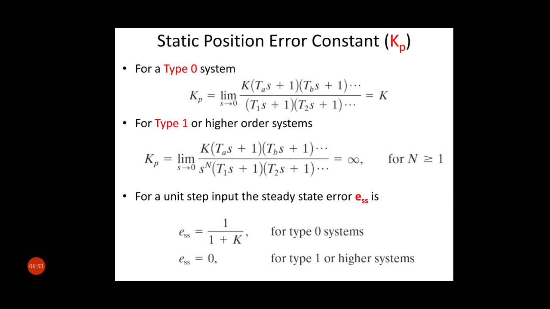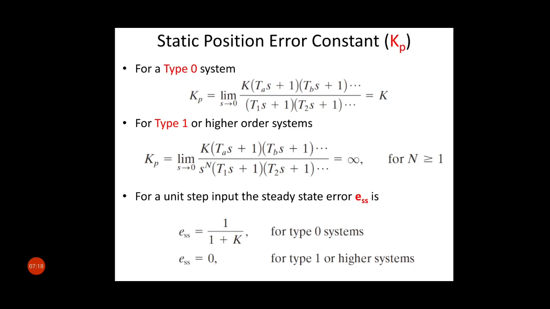Now in this slide I will discuss the static position error constant for a type 0 system or a type 1 or higher order system. A type 0 system is one with no pole at the origin.